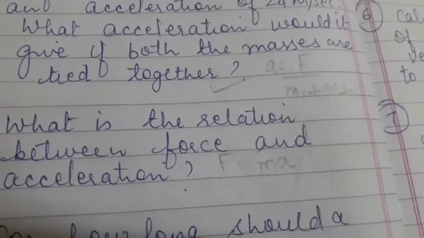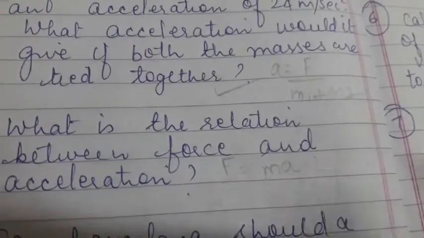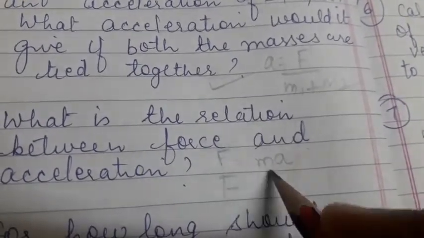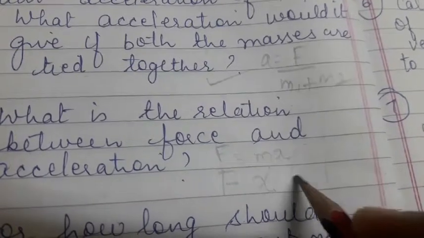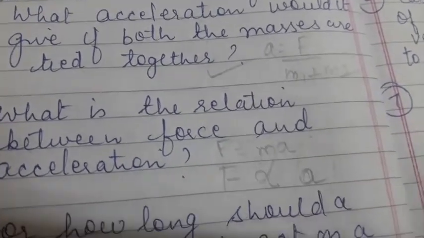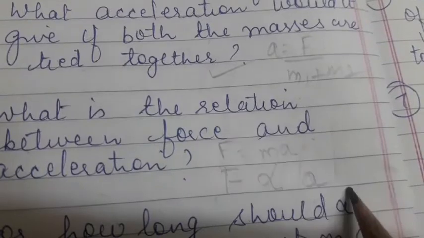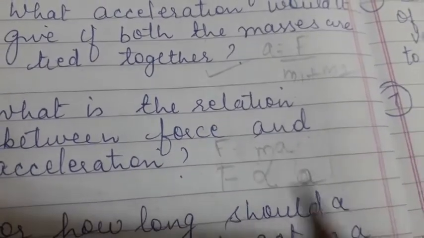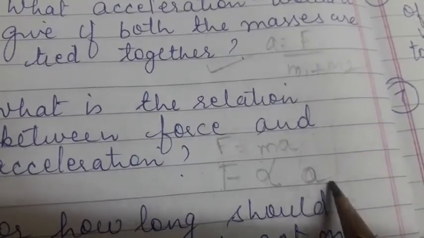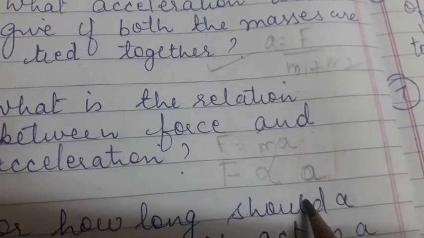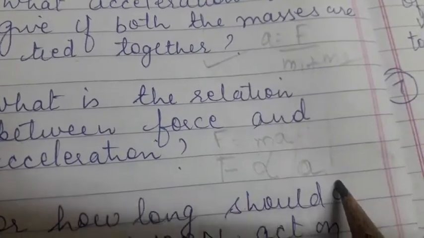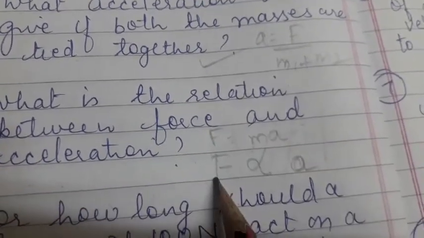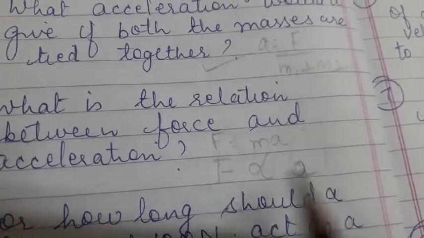So what is the relation between force and acceleration? We will write force is directly proportional to acceleration. If force increases, acceleration increases, or if force decreases, acceleration decreases, or we can also say that if the mass is more, the force required to move that object is more. So they are directly depending on each other.